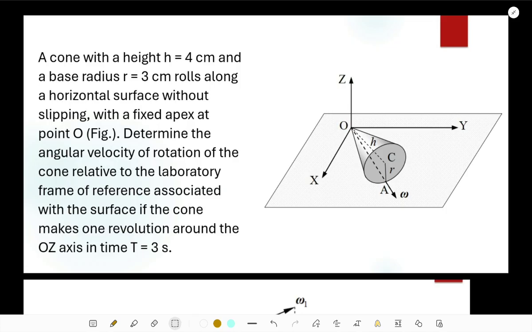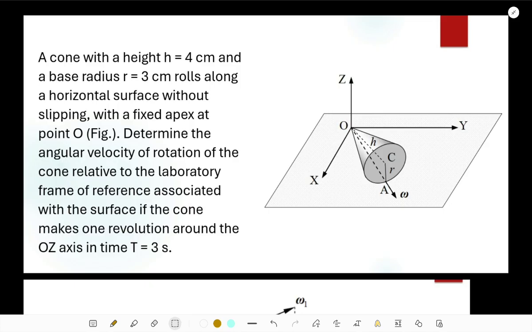If the cone makes one revolution around the OZ axis in time t equals 3 seconds, the time period is given, and we need to find the angular velocity of the cone with respect to the reference frame attached to the lab.